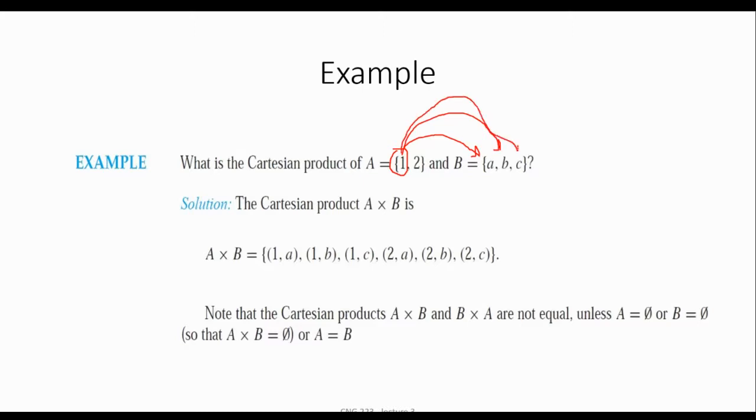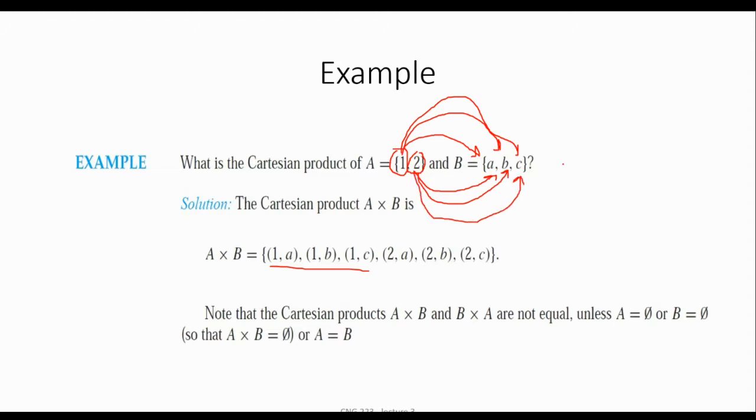That's the easiest way to find all the possible elements. So (1,a), (1,b), (1,c), and you write it here. And then fix the second one, and you should move on until the end. And here, fortunately, we had only two elements anyway.